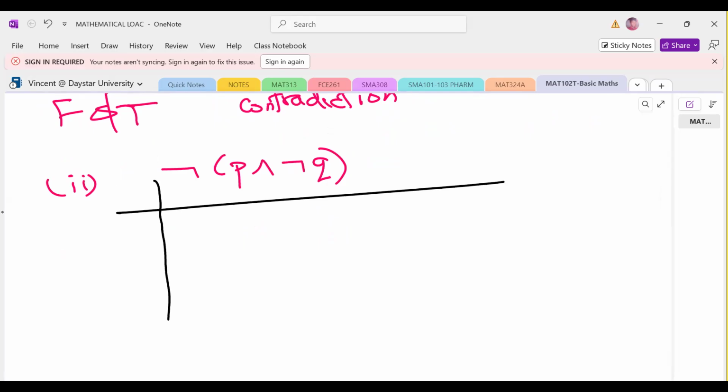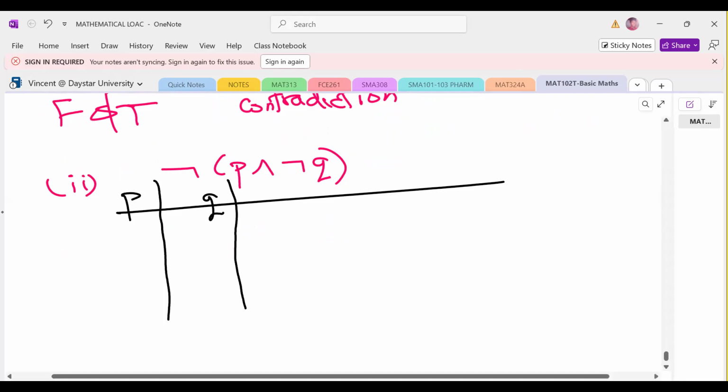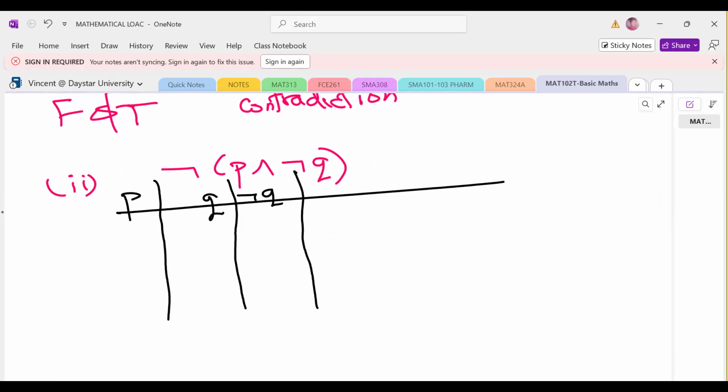Column 1 is P. Column 2 is Q. Then what is column 3? Not Q, correct. And then column 4. Yeah, so we'll have P and not Q, correct. Then lastly, the whole thing, okay?